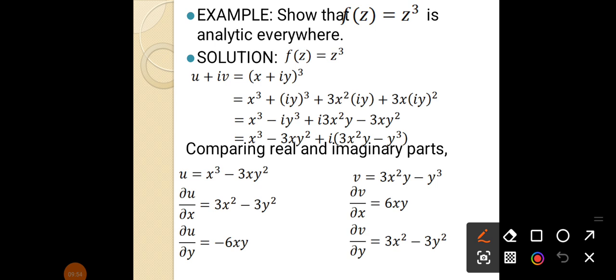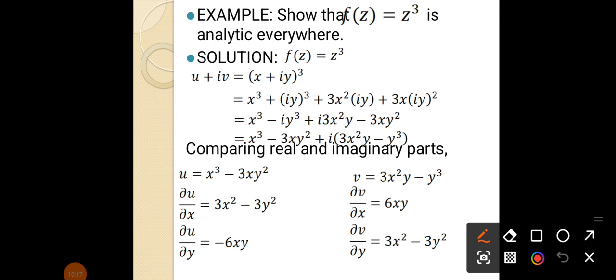Okay, whenever we do a partial derivative with respect to one variable, the other variables are considered as constants. That's why del u by del x is equal to 3x square minus 3y square.